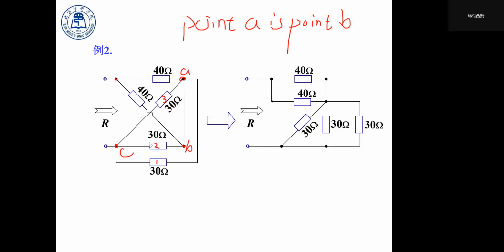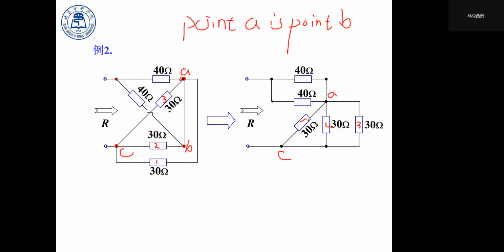Resistor 2 is connected to points B and C, and resistor 1 is connected to points C and A. Since point B is point A, resistor 2 is also connected to point A. So those three are connected both to A and C.